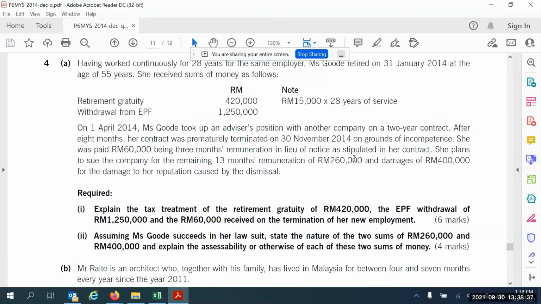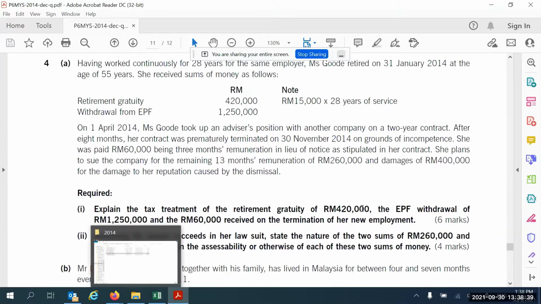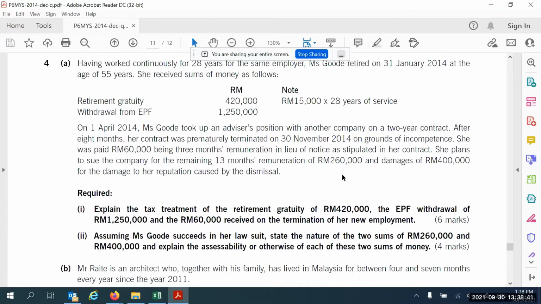EPF withdrawal of 1254. So you should know that this is a lump sum withdrawal. So this lump sum withdrawal is not taxable.